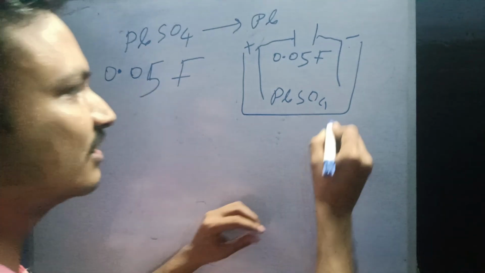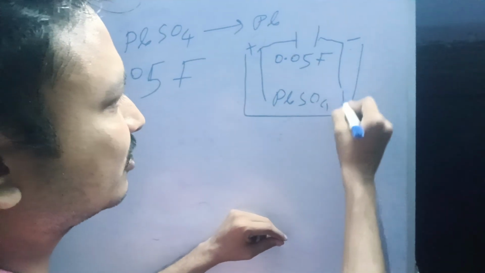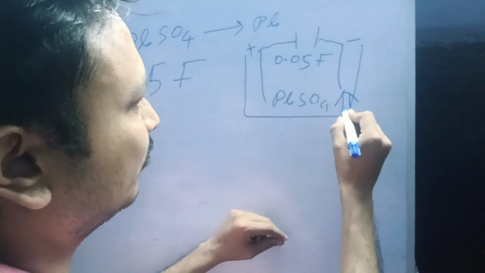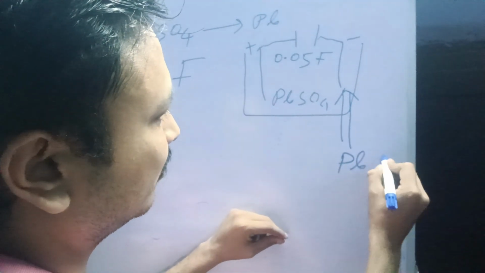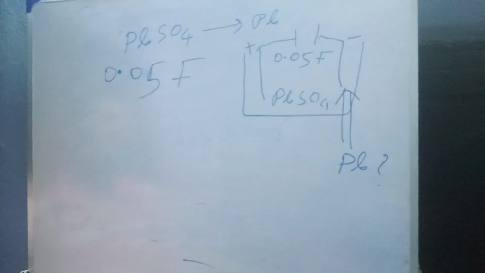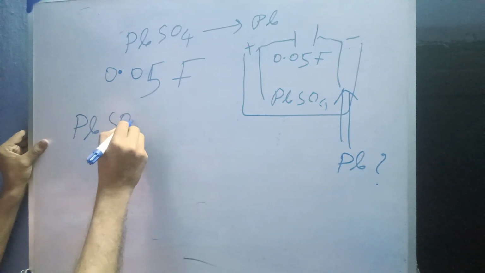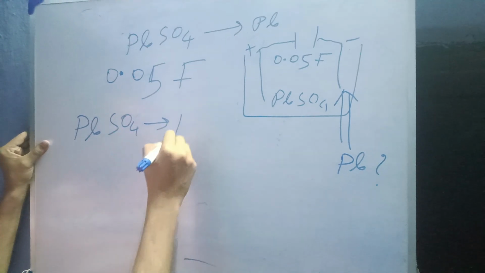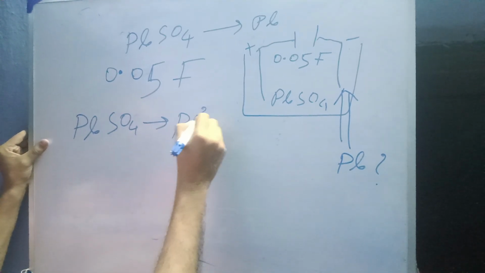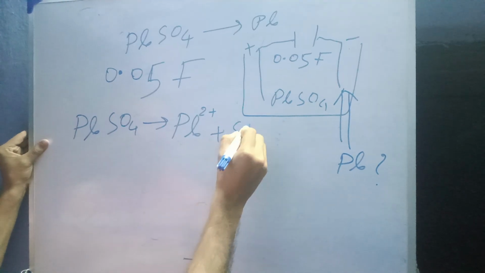Then the question is how many grams of lead will be produced here. Now lead sulfate is ionized as Pb2+ and SO4 2-.